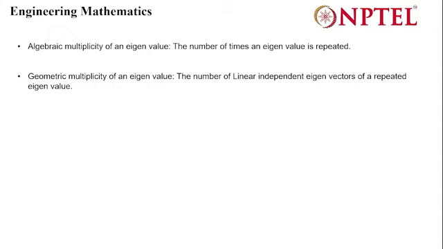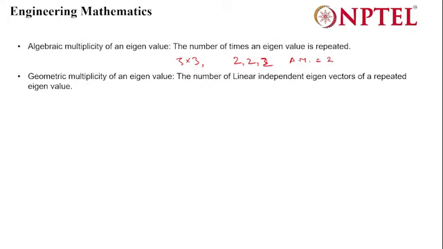So one more term is there: algebraic multiplicity of an eigenvalue. The number of times an eigenvalue is repeated is called algebraic multiplicity. Suppose there is a 3 cross 3 matrix and your eigenvalues are 2, 2, 3. So your algebraic multiplicity will be 2.